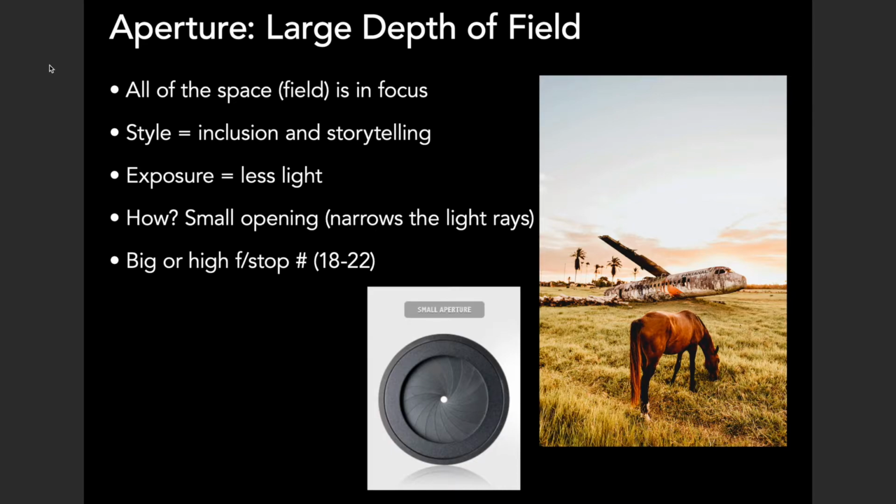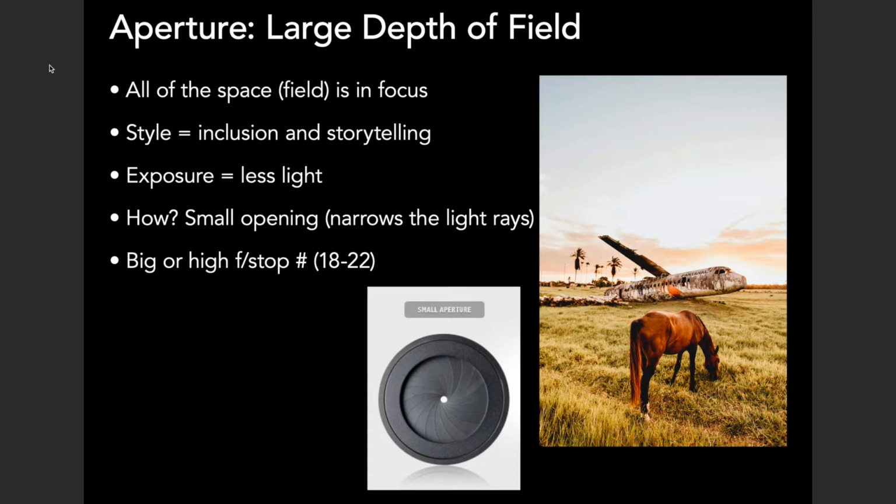However, what this does to the exposure is that it lets in a lot less light. So you then have to balance with the ISO or shutter speed. And again, even though it's a small opening, the f-stop number is actually a bigger number. Sometimes you'll see numbers like f/18, f/22.